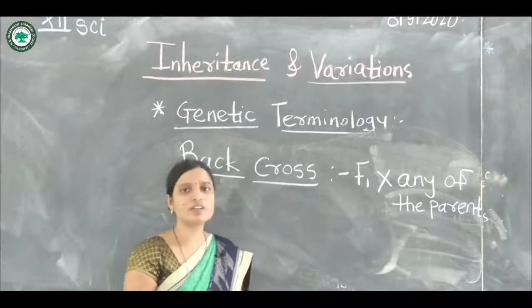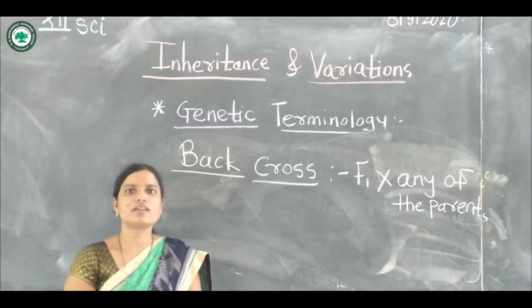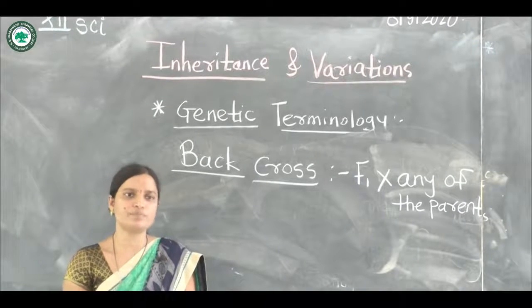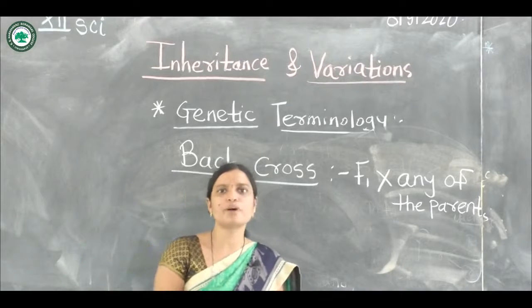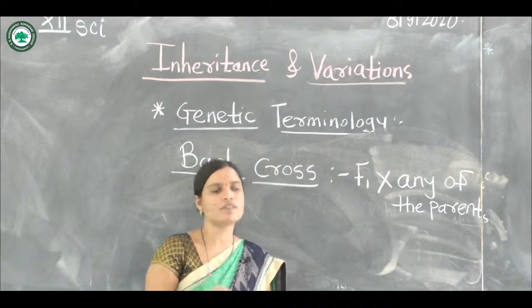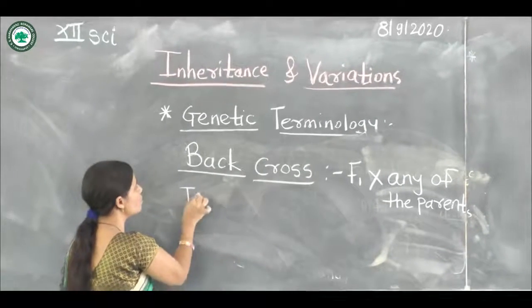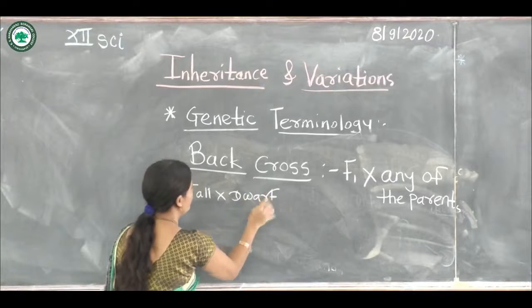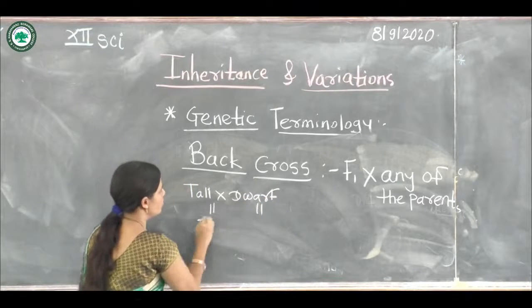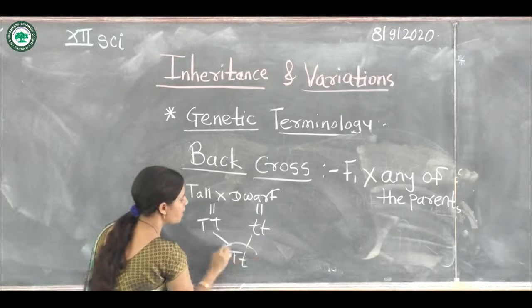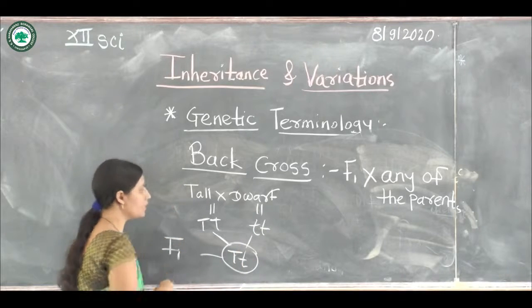What is F1? For example, a tall plant is crossed with a dwarf plant, considering the height of stem. The tall and dwarf are crossed and offspring is produced. This offspring is heterozygous, the F1 generation.